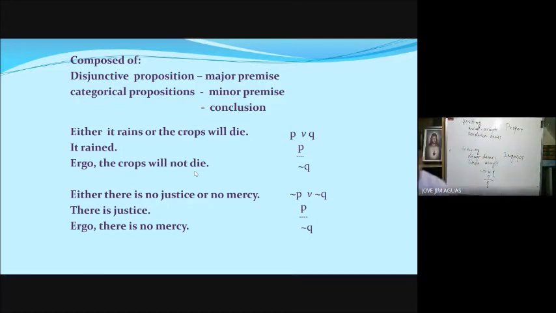If you have a proper disjunction, you can follow both the positing process and the denying process. If the disjunction is improper, you can only follow the denying process. The positing process will be invalid.